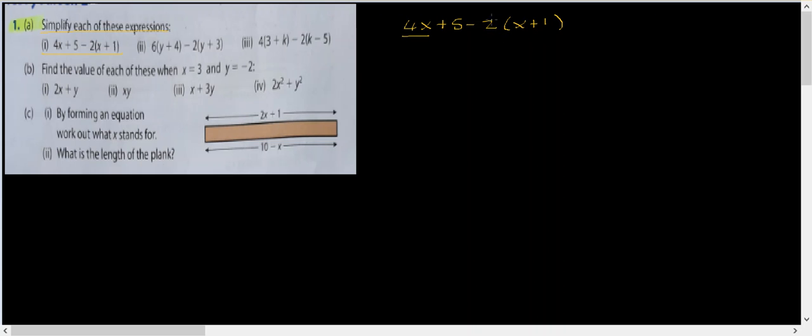In order to get rid of a bracket in an algebra expression, you have to multiply each term inside the bracket by the term on the outside. So what does that mean? We have to multiply minus 2 by x and then multiply minus 2 by plus 1. We do that first because the first thing you want to do is get rid of the brackets.